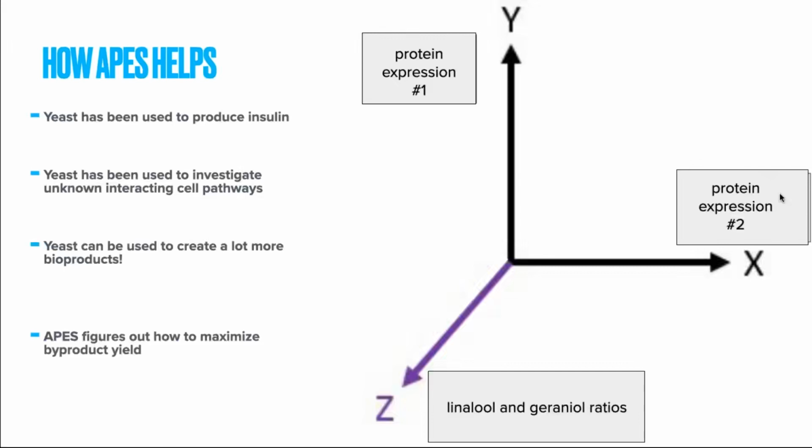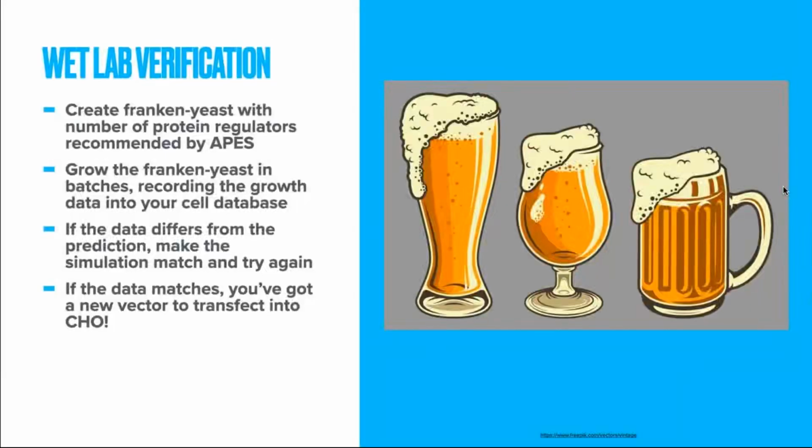All you need to figure out is how to get the biggest byproduct yield of this metabolic process that already exists in the yeast, but that you have created some edit to, right? You've modified the yeast's DNA to produce a different byproduct, right? And you verify this in the wet lab, right?